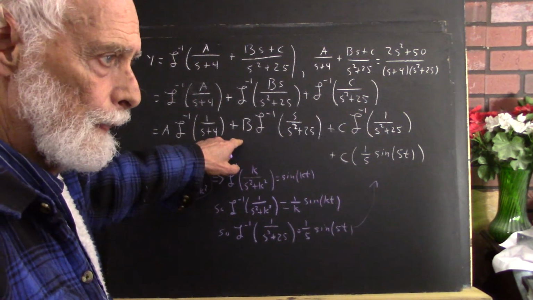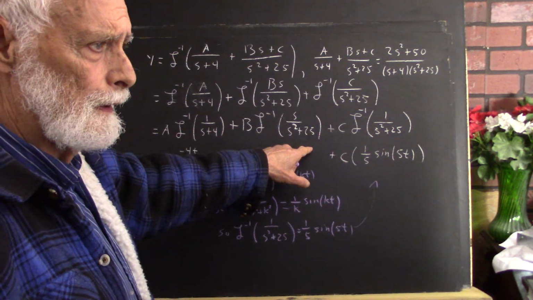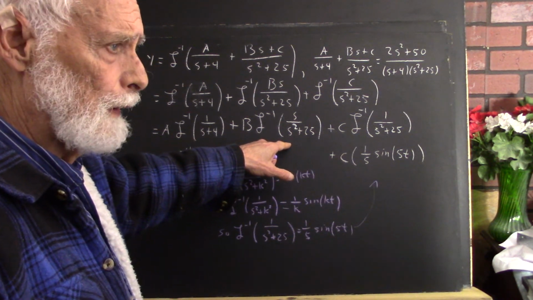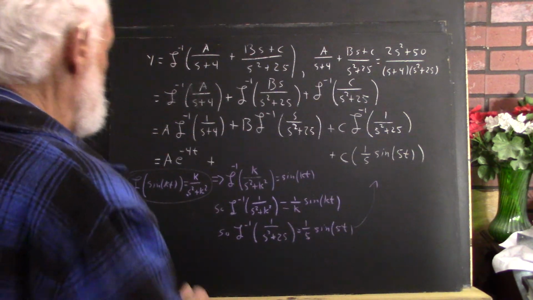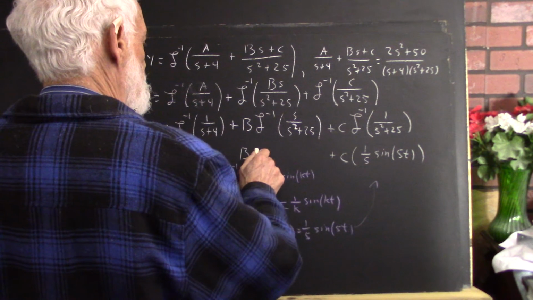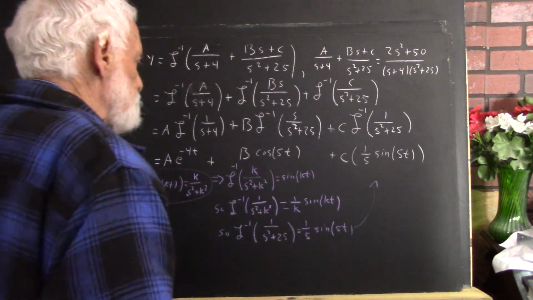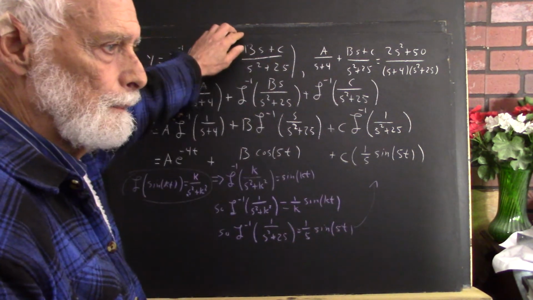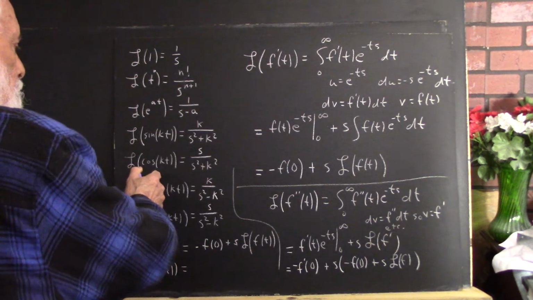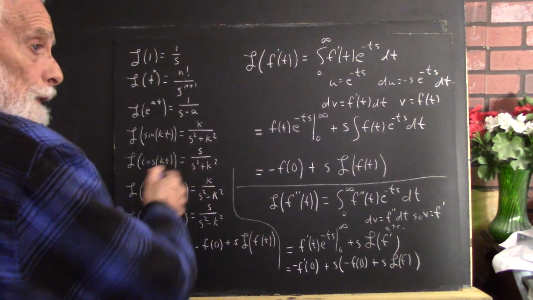Over here, the inverse transform of s over s squared plus 25 is just the cosine of 5t. You can look at the table, you can think it through. The cosine of 5t has Laplace transform s over s squared plus 5 squared.